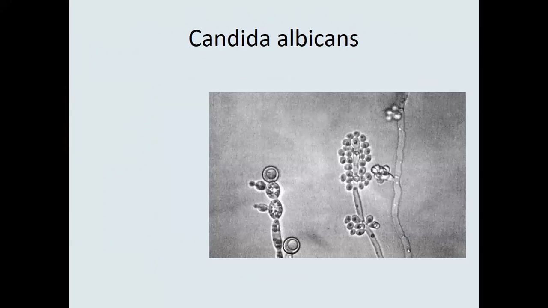This is how it looks under the microscope, especially when it's been grown on a special kind of agar. These strands that you see are not hyphae, they're what we call pseudo-hyphae, because it's really just an elongation of those yeast cells.